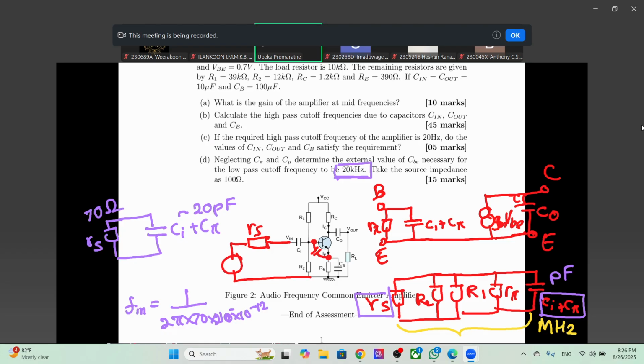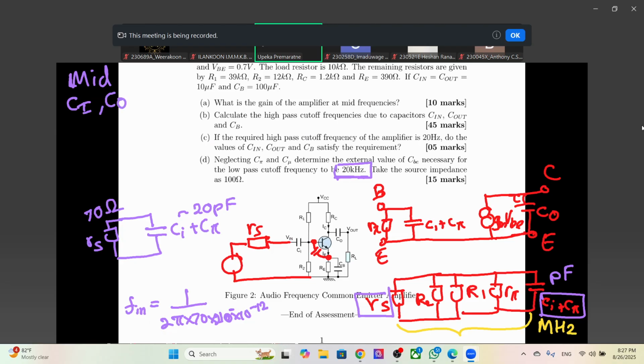And for the student who asked about the emitter, remember, at mid frequencies we assume that all coupling, blocking and bypass capacitors are short circuits.